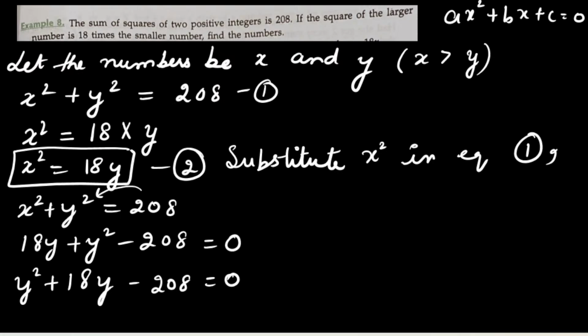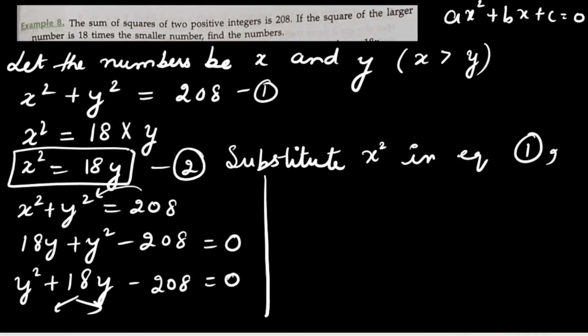Now we can just solve it. So what are the factors? You can tell me the factors. I hope some of you have already solved the numbers also. Tarun has given the answer. Okay, that was a previous question. Can anyone tell me the factors by splitting the middle term?